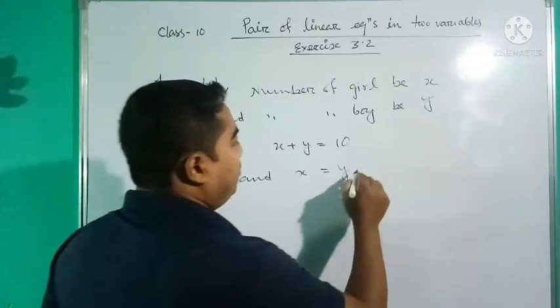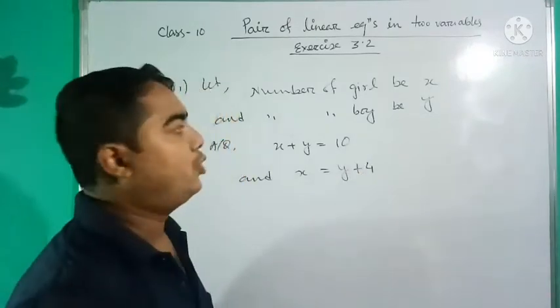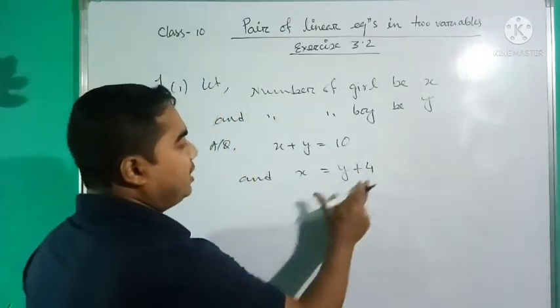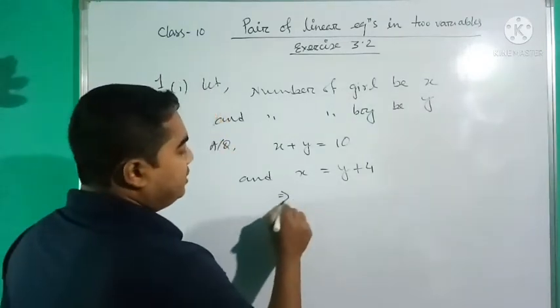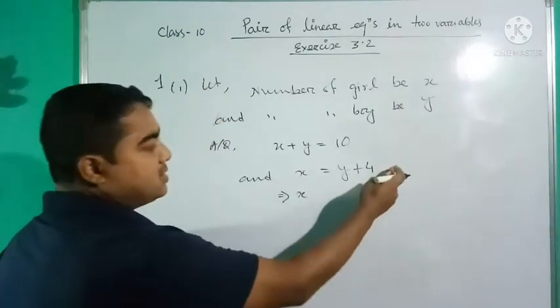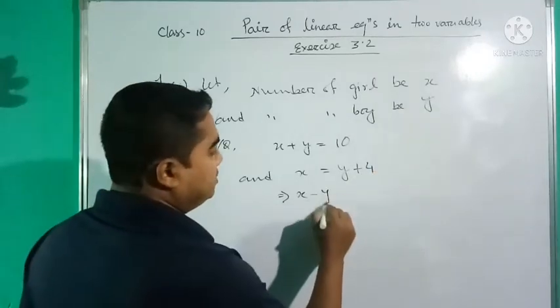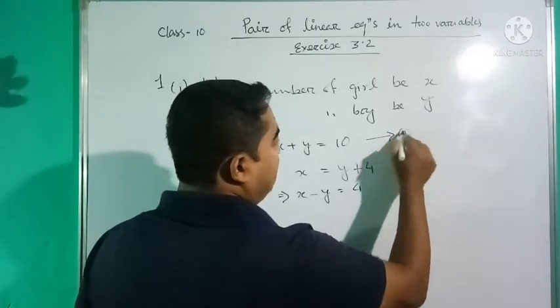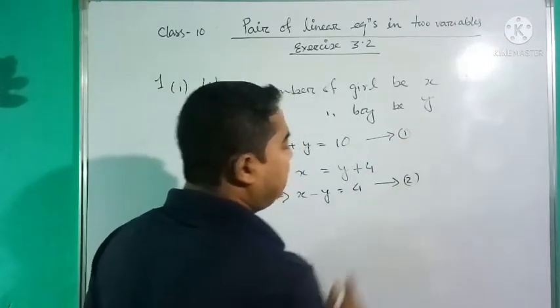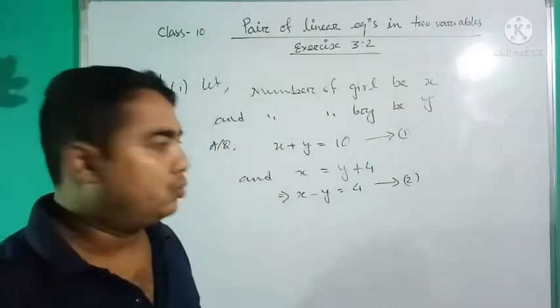So give plus 4 with the boys. Now the number of girls and boys are equal. So it's right as an equation; just transfer to the left side: x minus y equals 4. This is equation number 1, and this is equation number 2.